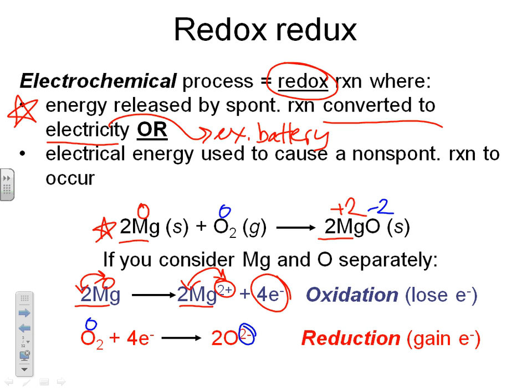We are reducing the charge. We're going from 0 to -2. And again, we're adding 4 electrons here because we've got the subscript. It's O2, and then we're creating 2 oxygens each with a -2 charge. So 2 times -2, we have to have 4 electrons involved to get it to go from 0 to having a net total charge of -4.